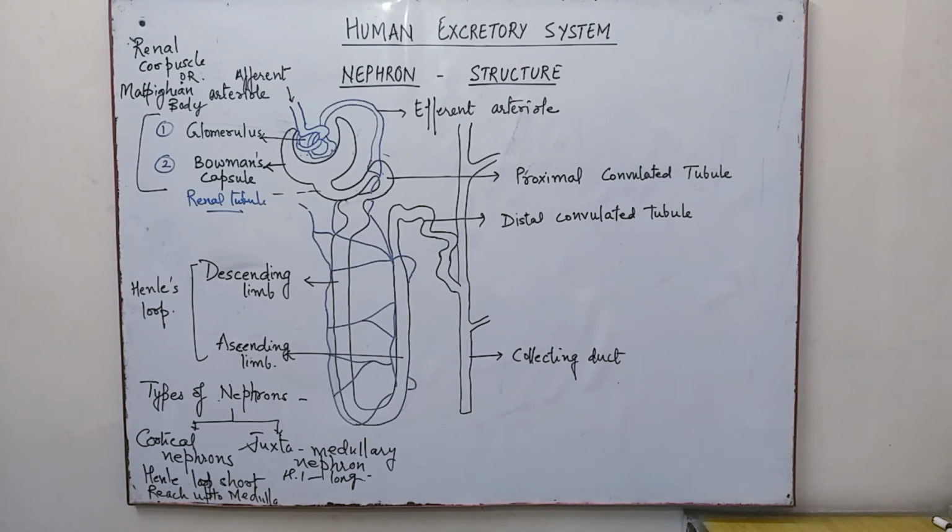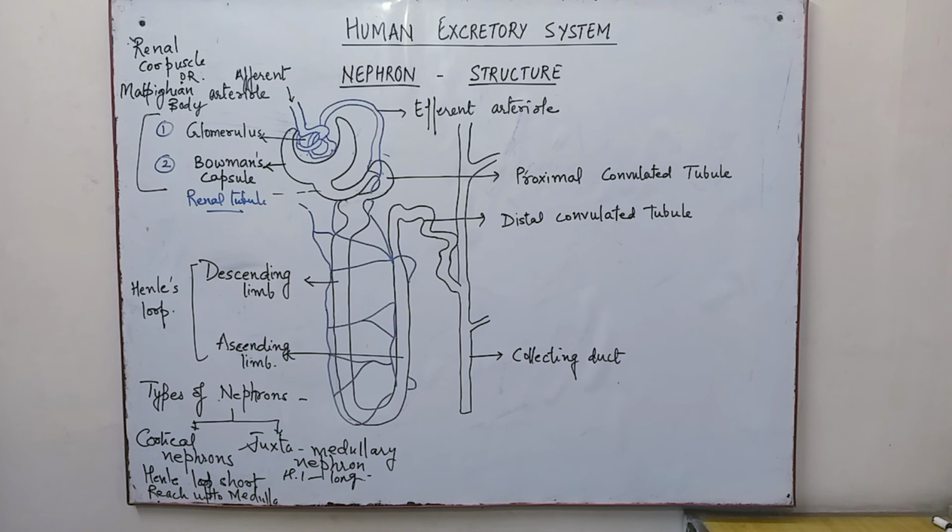Now, that is the third difference over here. The vasa recta may be absent or highly reduced in cortical nephrons, whereas in the case of juxtamedullary nephrons, it is very prominent and well developed.